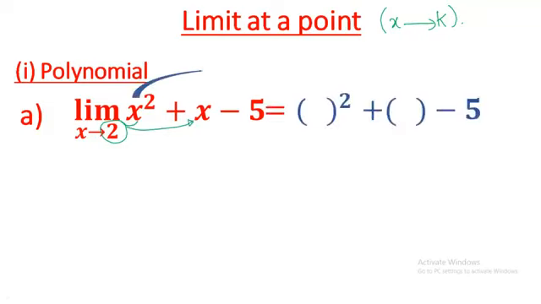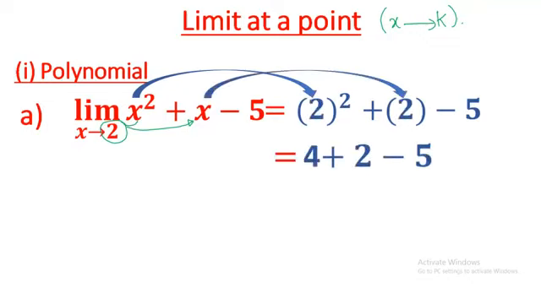So we will put 2 squared plus 2 minus 5, and we will get 4 plus 2 minus 5 to have the answer 1. If the answer is a number, either positive or negative or 0, this is called determinate form and it is accepted. Let's continue.